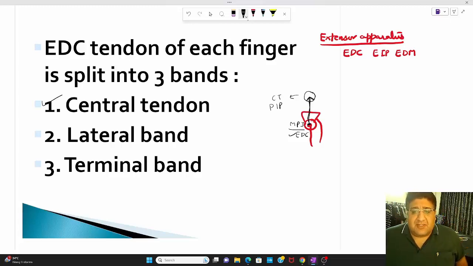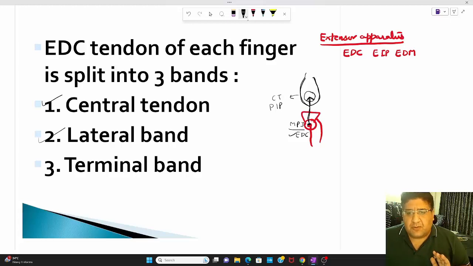Now this central slip will of course have two lateral slips as well. Everything will come in due course of time. I'm just giving an orientation by drawing it for you, so that before I show you the slide, you understand what I'm saying. So what you're looking at right now is the lateral slip.